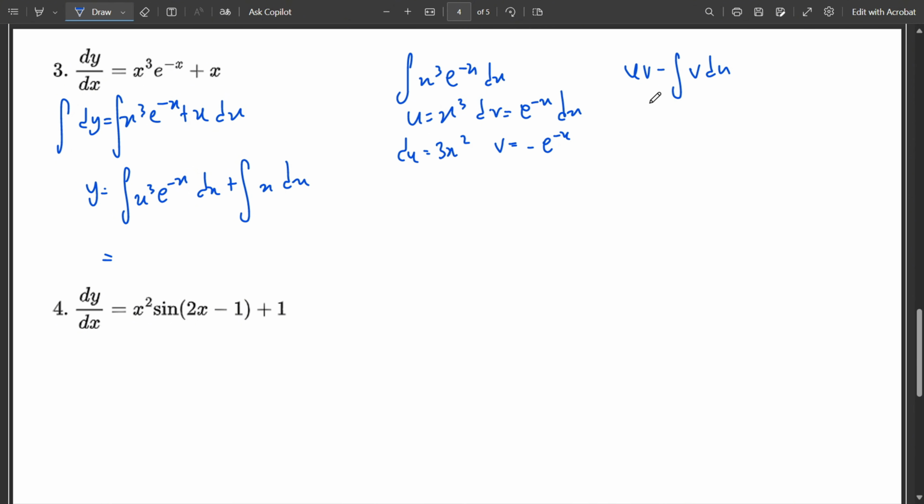And u times v is x cubed times negative e to the negative x, minus the integral of v times du, so negative e to the negative x times 3x squared dx.